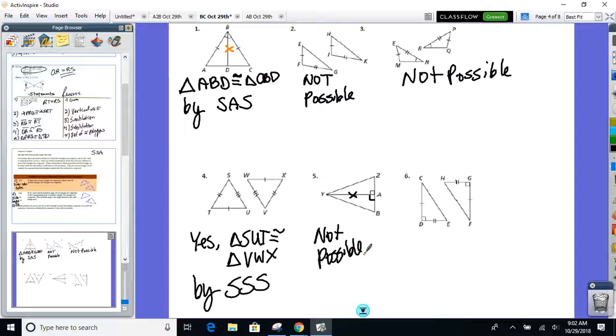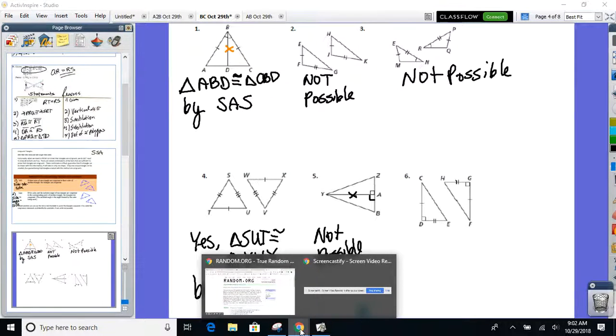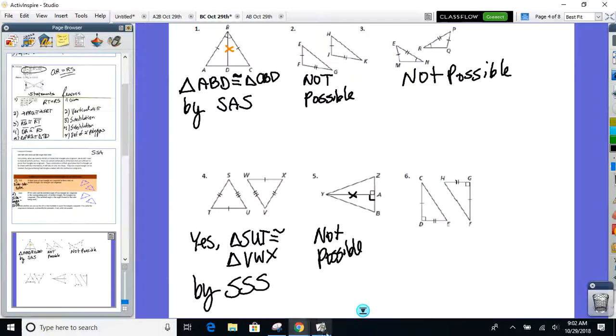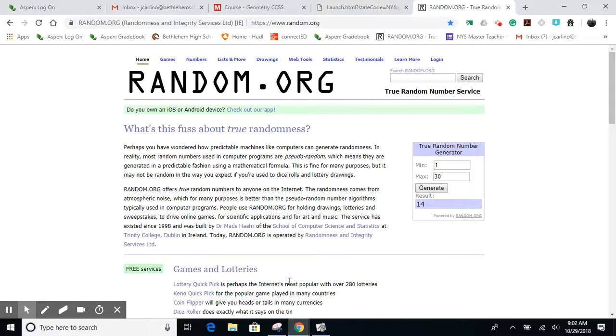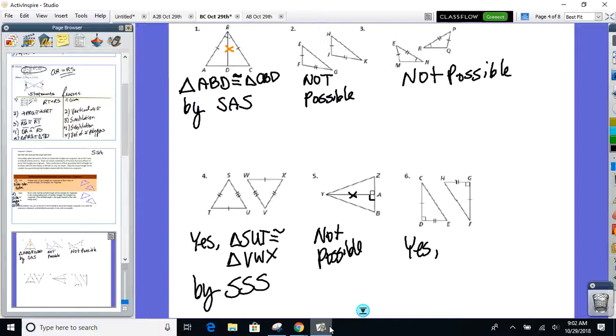And then finally with 6, possible with 6 to prove them congruent. It is possible. Name a triangle for me. EDC.